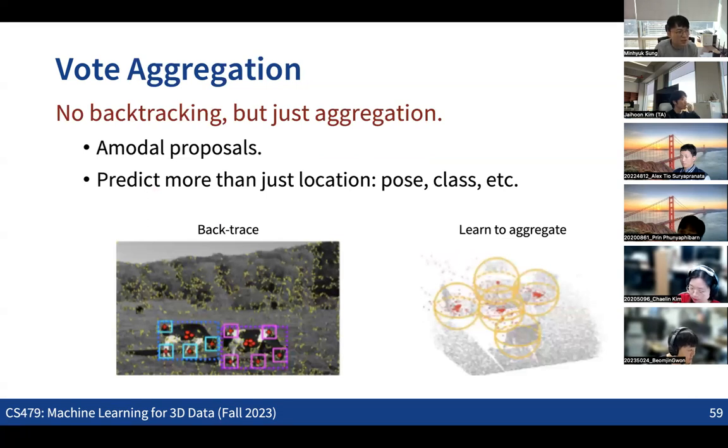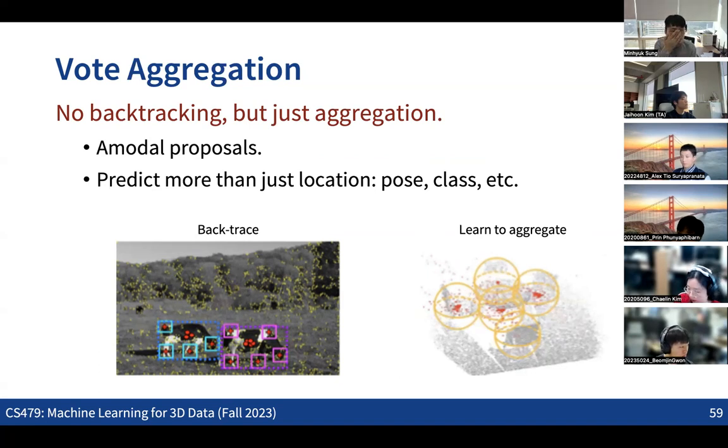The reason why we are not using back tracing is that here we want to get the amodal proposals. Our goal is not to get boxes for the partial observation, but to get the bounding box for the entire 3D object.